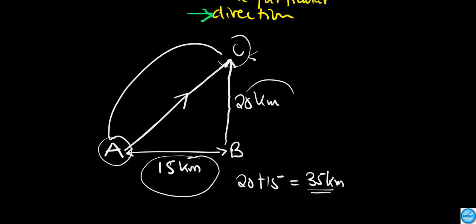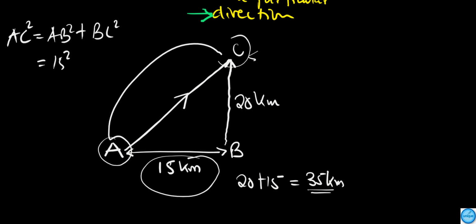If you want to find the displacement here, we can use the Pythagoras theorem, where AC squared is equal to AB squared plus BC squared, where AB is 15, so we have 15 squared, plus BC that's 20 squared. 15 squared is 225, plus 20 squared that's 400.